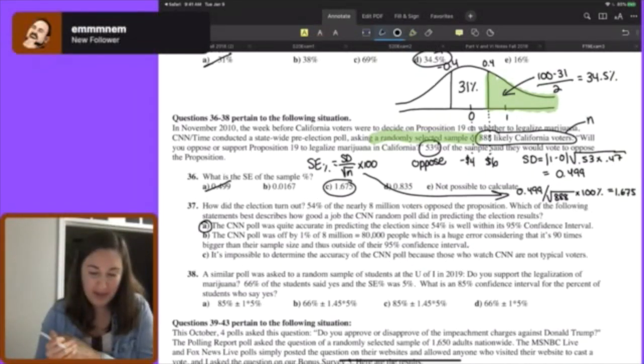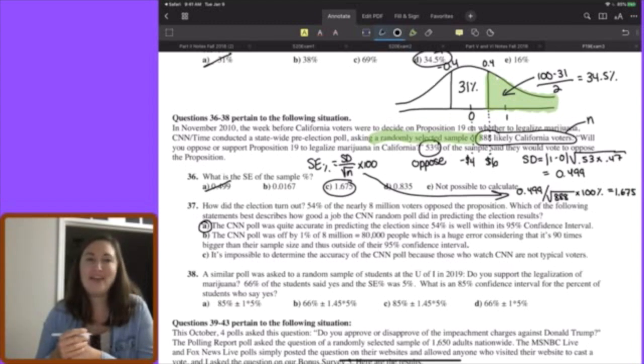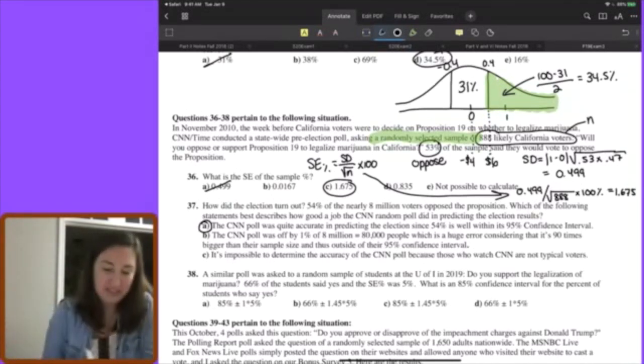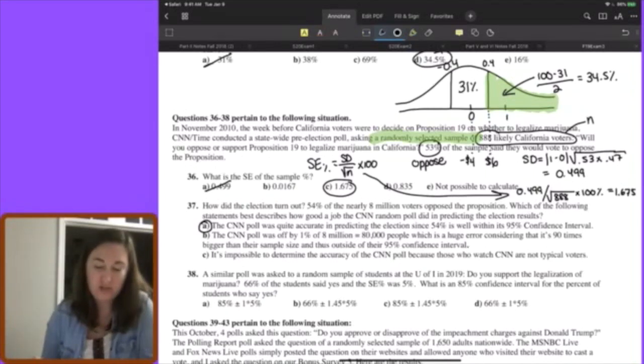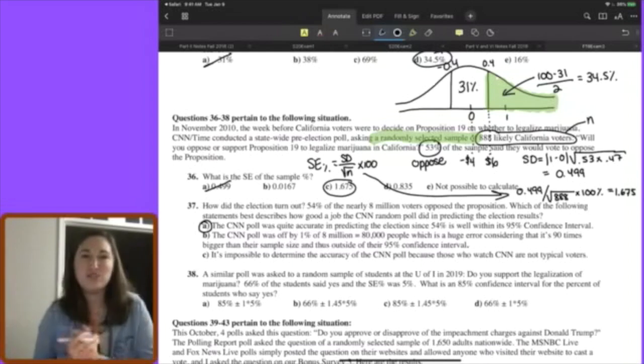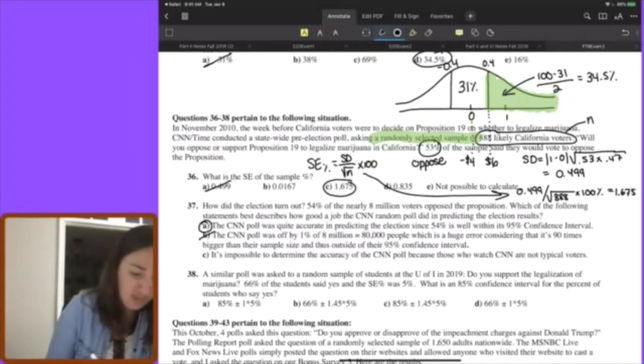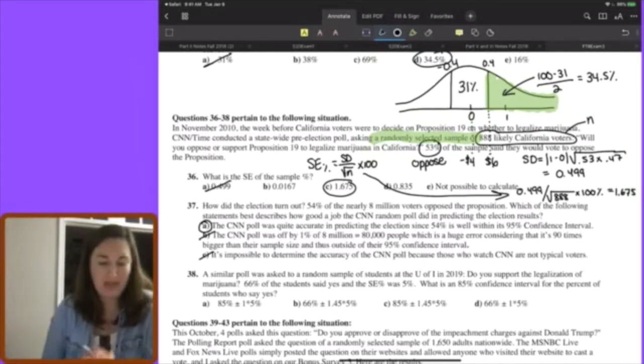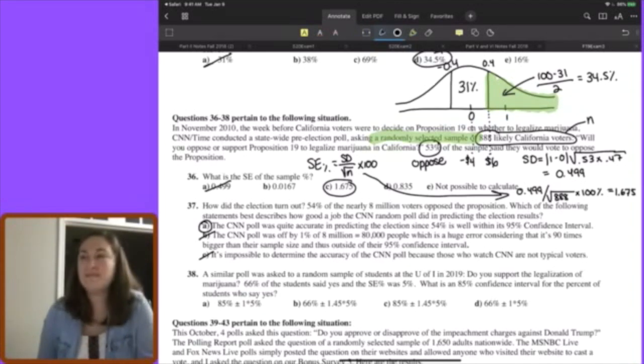B says it was off by 80,000 people, which was a huge error. I mean, 1% for a yes or no poll isn't a massive error. And then C says it's impossible to determine the accuracy. We could find a confidence interval and we would see that 54% is well within that. This is kind of a weird question, but yeah, I'd say it's pretty good.